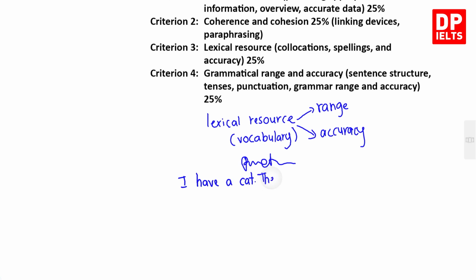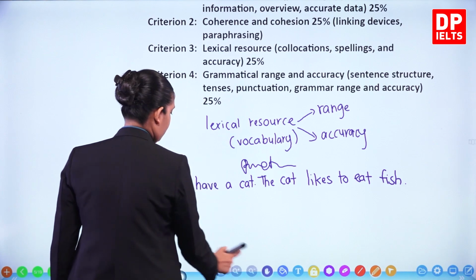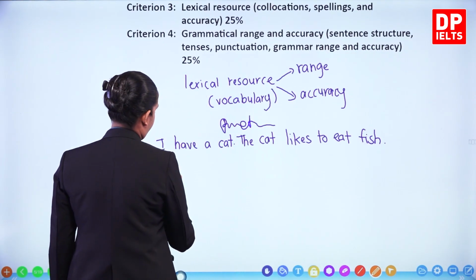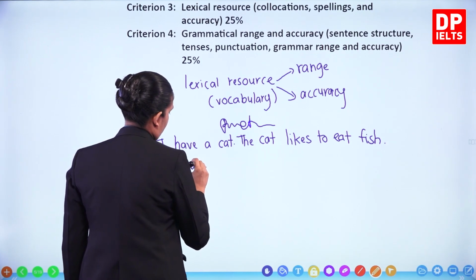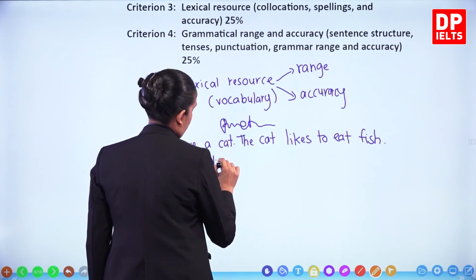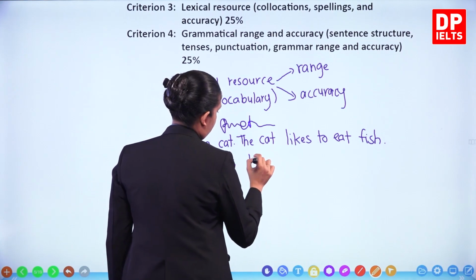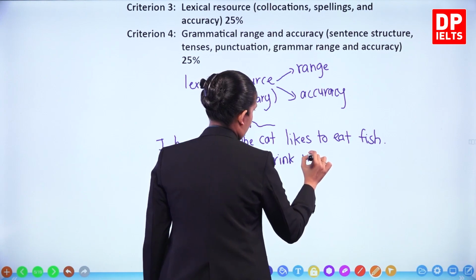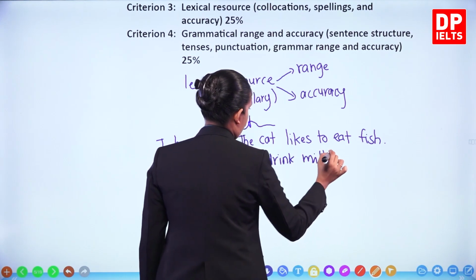The cat likes to eat fish, right? The cat likes to drink milk.